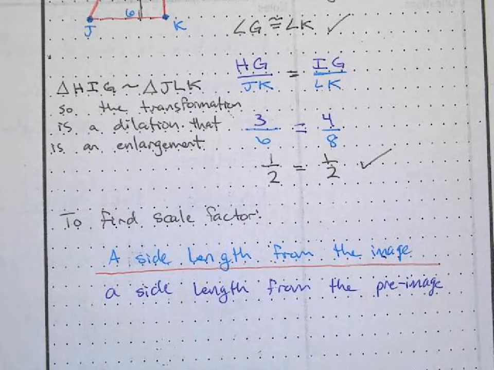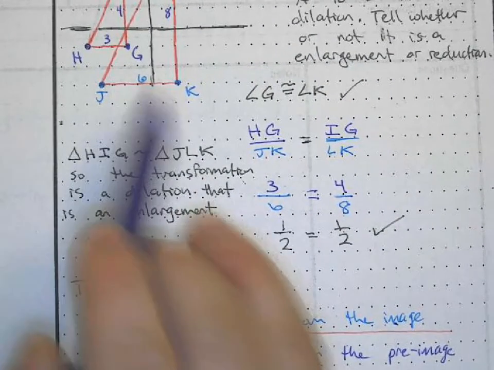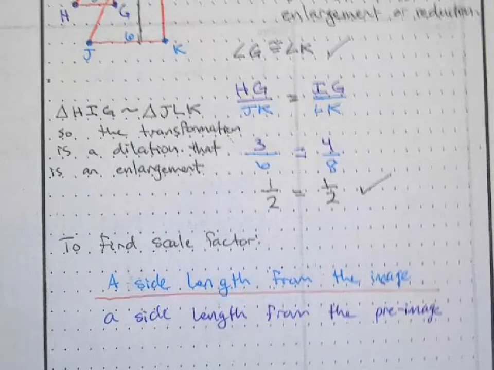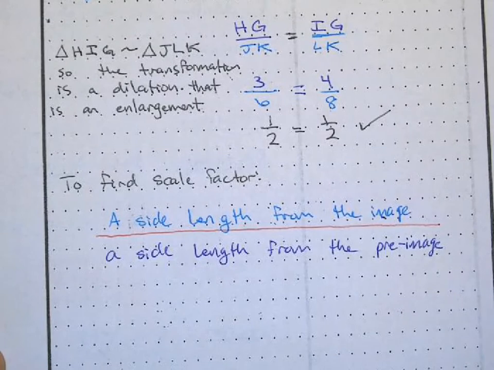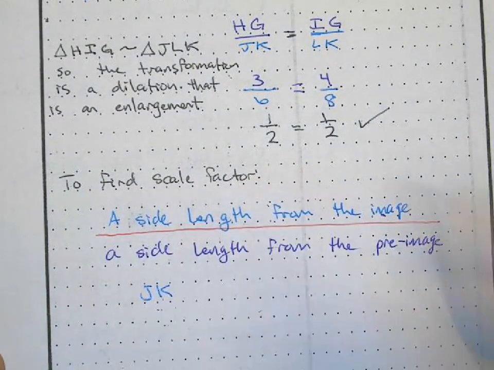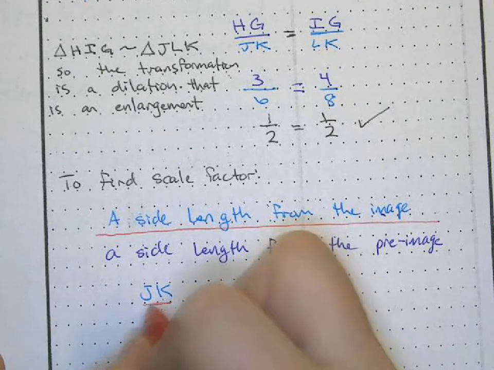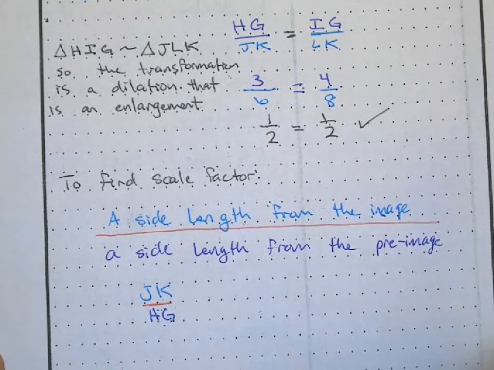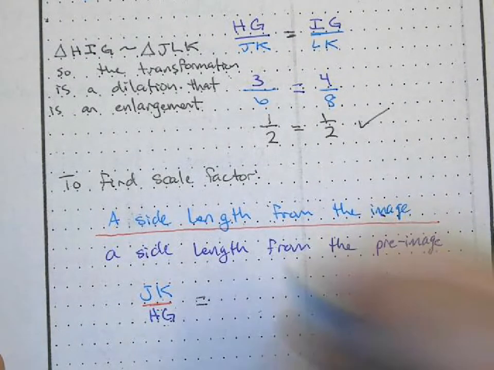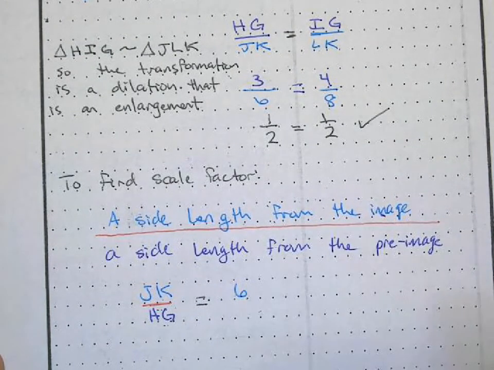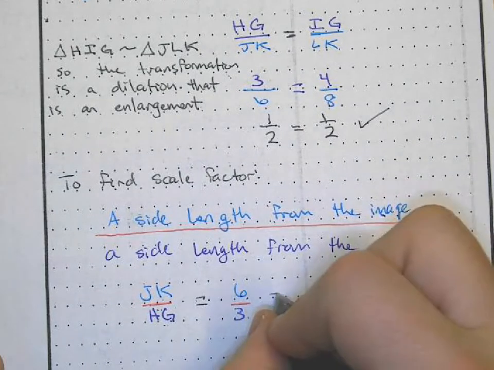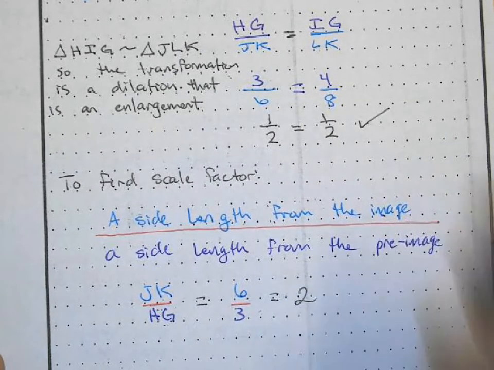And they have to be the corresponding ones. For example, I could do JK over HG. So, from our above example, we'll say JK over HG is equal to 6 over 3. So that tells me my scale factor is 2.